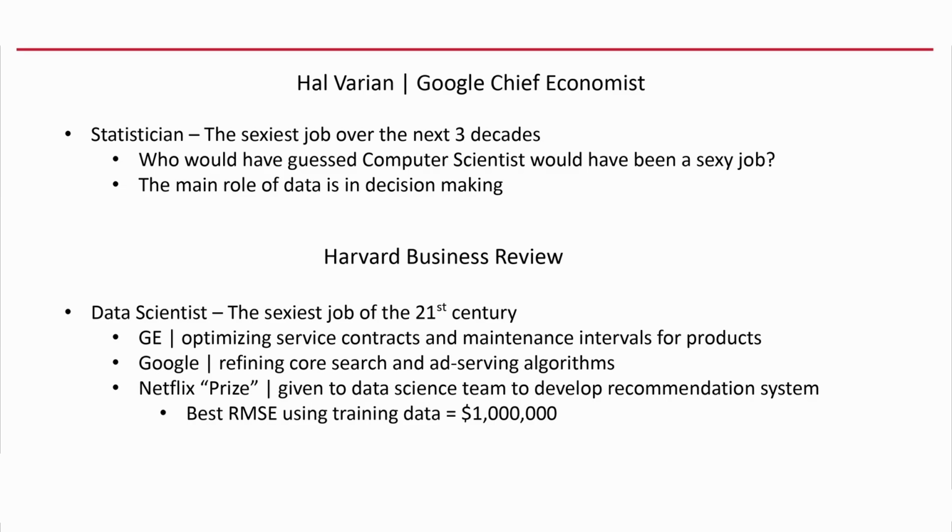And even Netflix developed this contest called The Prize, where they were going to give any science team $1 million if they could make the best recommendation system. And the team that won used stats. They used the root mean squared error, which is a general measure to tell how good a line of best fit is fitting to a bunch of data points.